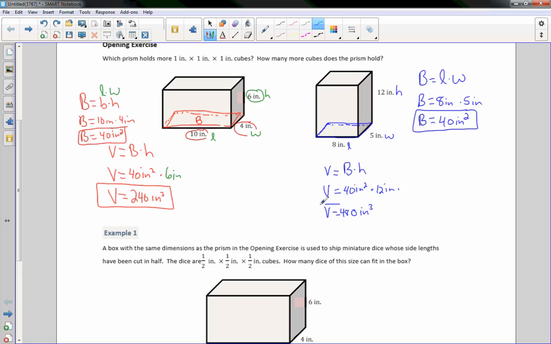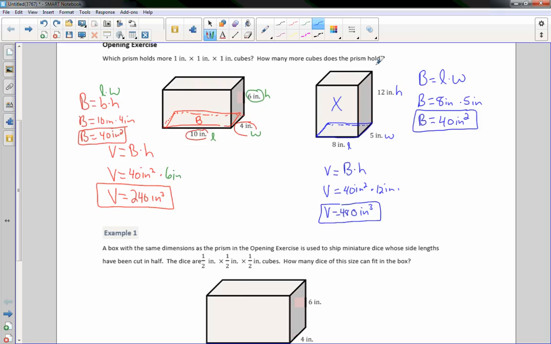So the volume is 480 cubic inches. So this rectangular prism is larger than this rectangular prism. So it says, which prism holds more? Well, the answer is this one holds more.